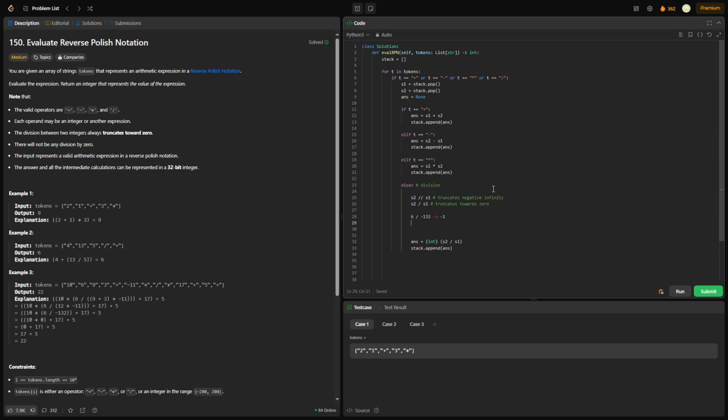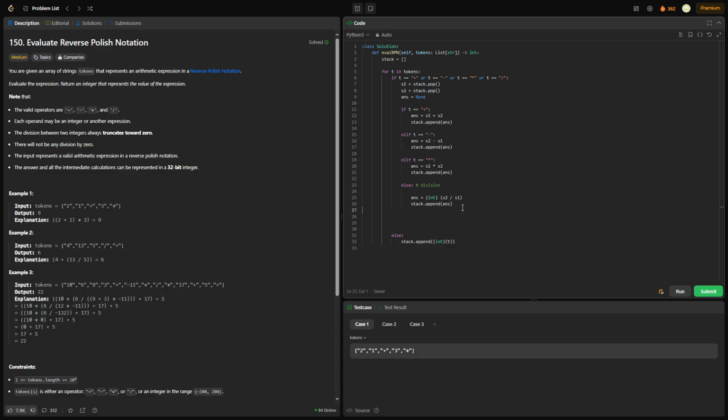Which is why you don't want to use the floor division one, because it's going to truncate towards negative infinity, and we don't want that. It'll give you the wrong answer. I just need to mention that it is rather important, so make sure you do this and not that, because Python supports both, but they serve different purposes, depending on what you want to do. Yeah, I think that's it.